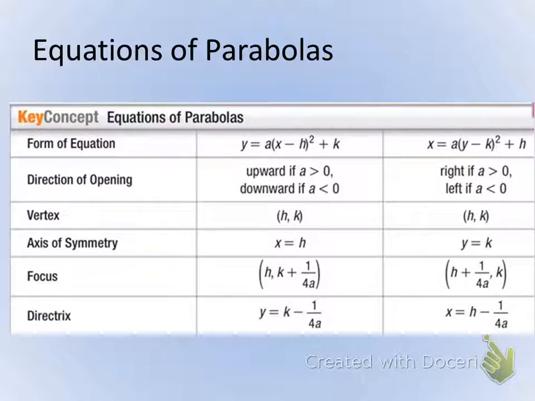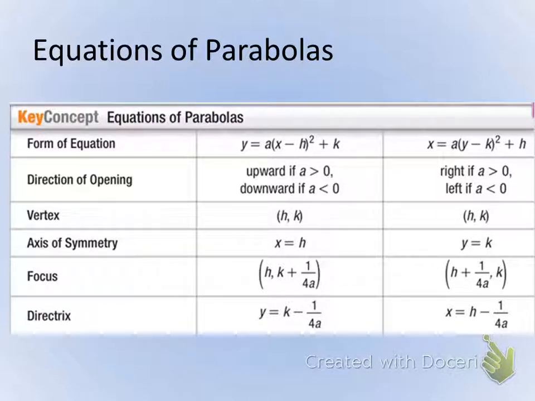Alright, now, your equations. Now the form, we're going to look at the left column first, because this is the one we're most familiar with. This is the one that opens up if a is bigger than 0 and opens down if a is less than 0. This is the version that came when we did that little chapter of graphing, when we did 4.7 and we did completing the square and domain and range. That's where that came from. The form of equation was y equals a(x minus h) squared plus k, vertex form, right?